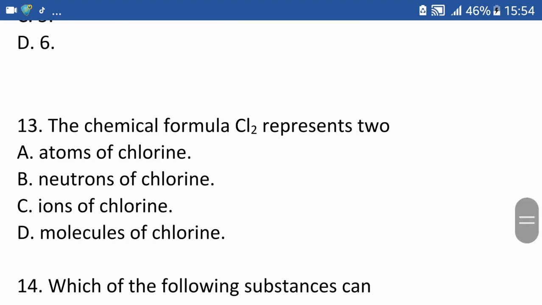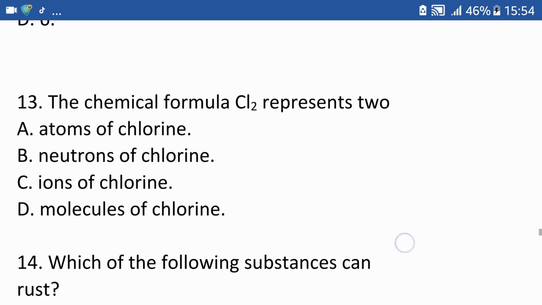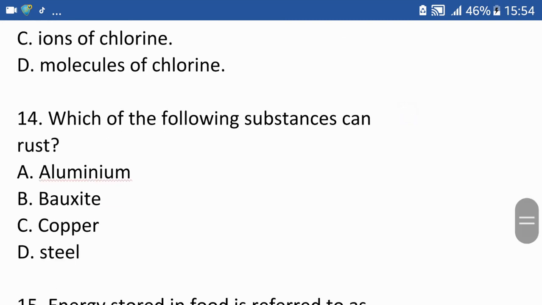Thirteen, the chemical formula Cl with a subscript of 2 represents. Fourteen, which of the following substances can rust?